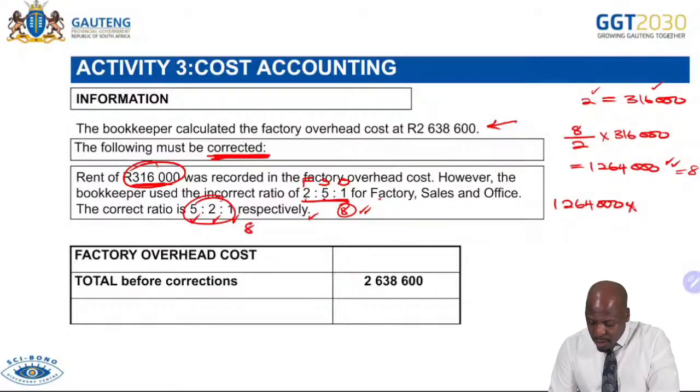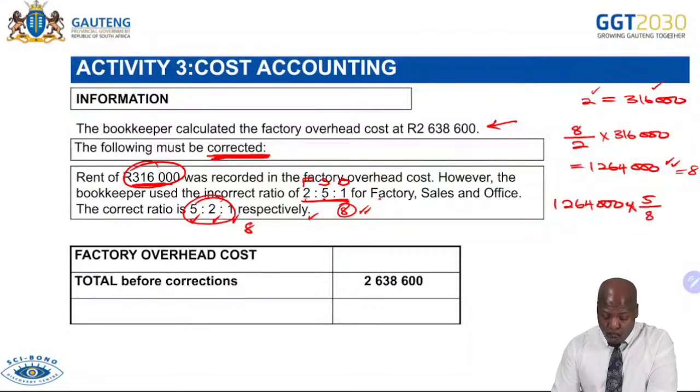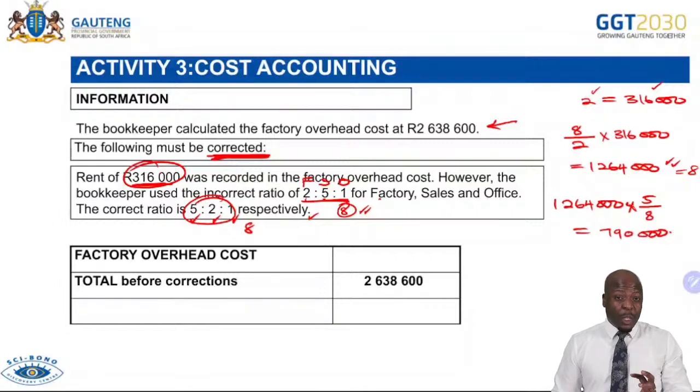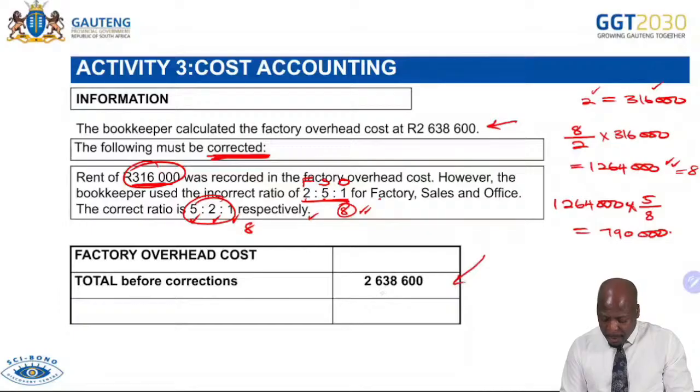What we want in this case is the factory share, over what we have, which is the total. Calculators, please. You get your 790,000.